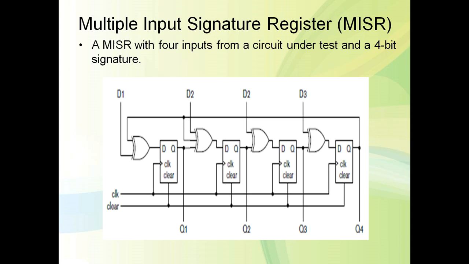This figure shows the multiple input signature register, a 4-bit MISR. It is again like your LFSR, the same technique. There are 4 data inputs, the responses generated by the circuit, which we apply here, and it will generate the response at the output.